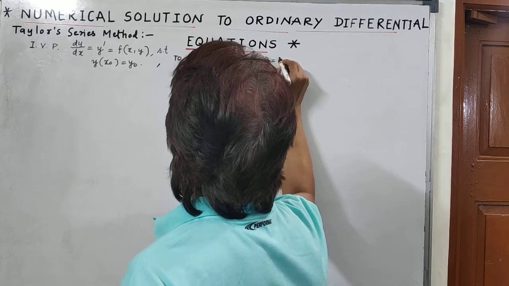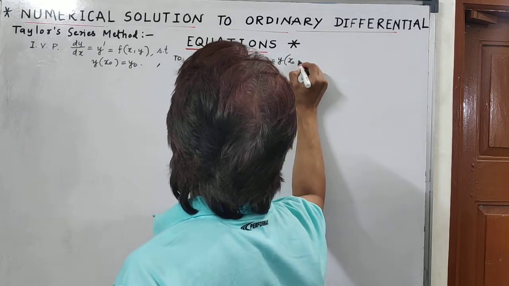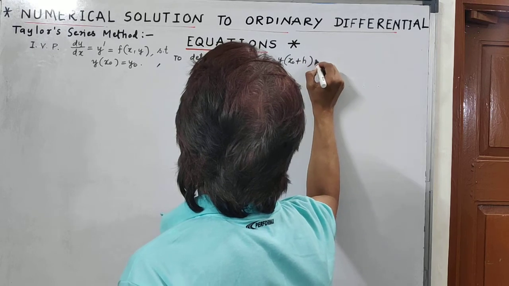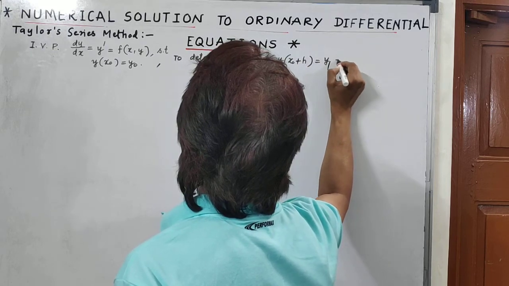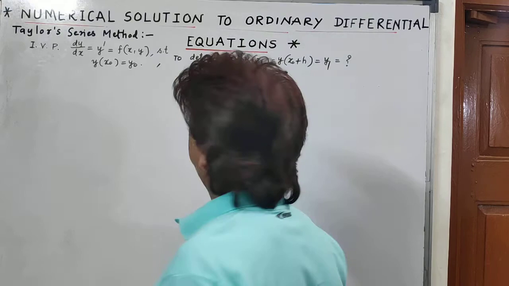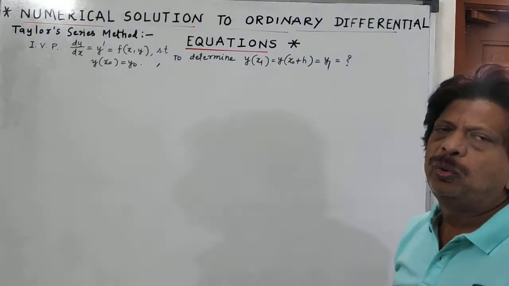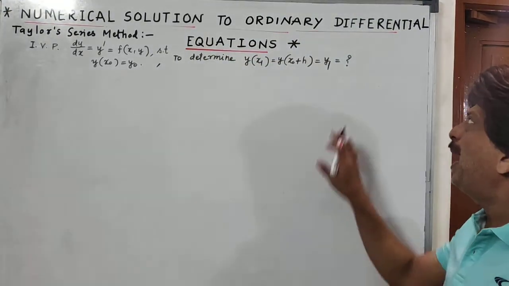What is x1? x1 is nothing but x0 plus h. Let us denote this y of x1, equal to y of x0 plus h, by y1.